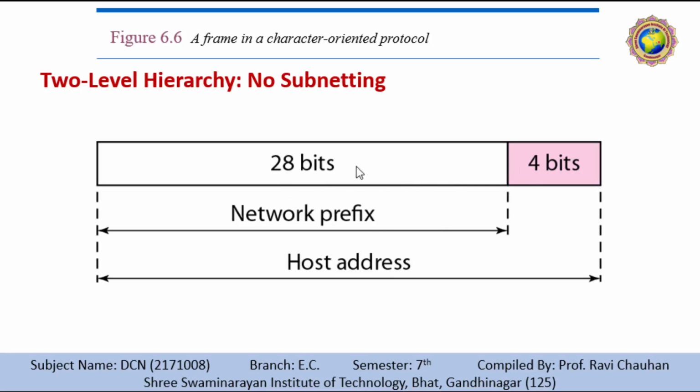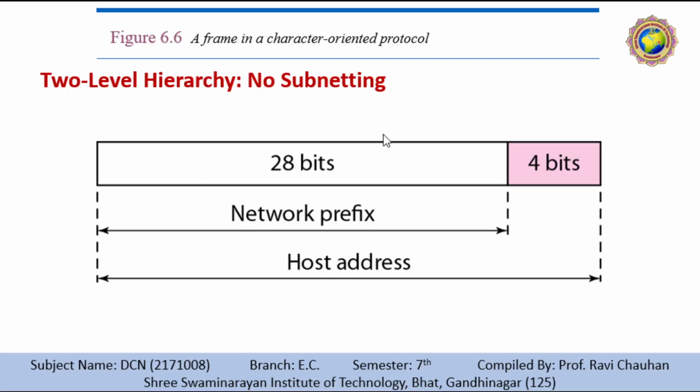Fine. You can say that it is a network prefix. The part that defines the host is called the suffix. Or you can say that it is the host address. This figure shows the hierarchical structure of an IPv4 address.